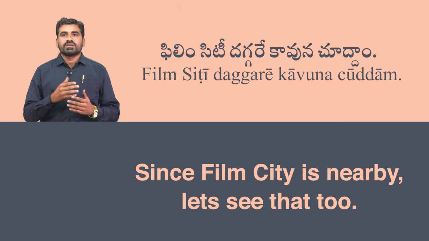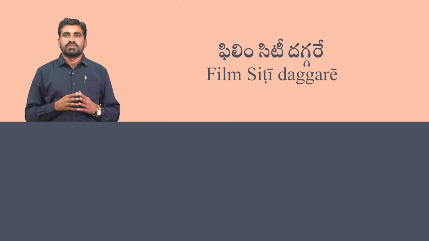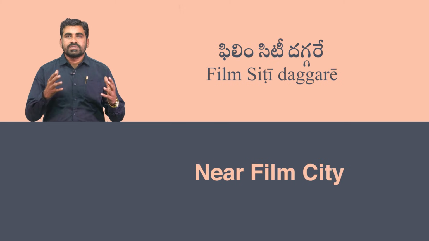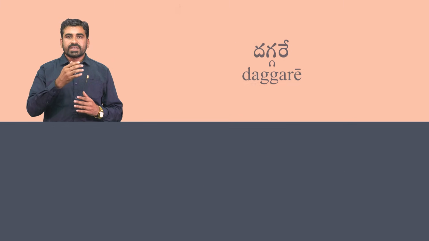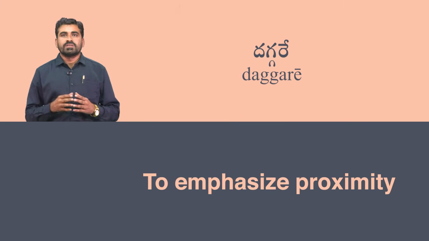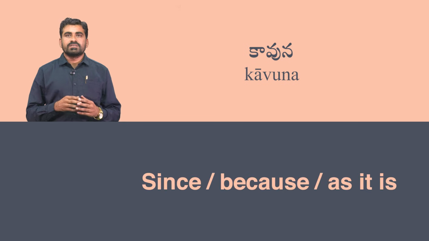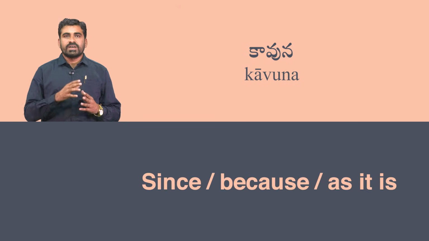The third one, film city daggare kavuna chuddam, continues the suggestion. Film city daggare means near Film City, where daggare means to emphasize proximity. Kavuna is a conjunction meaning since or because or as it is, explaining the reason for the next action.